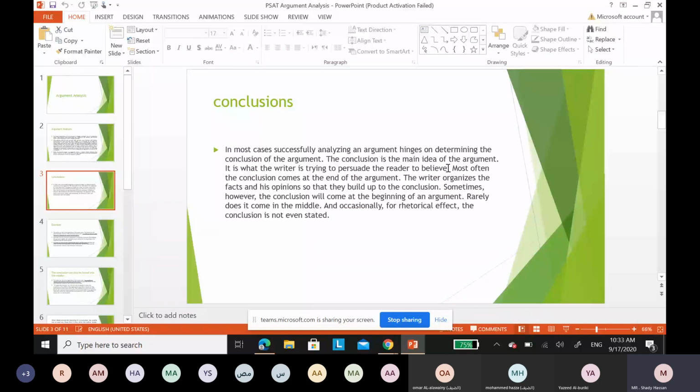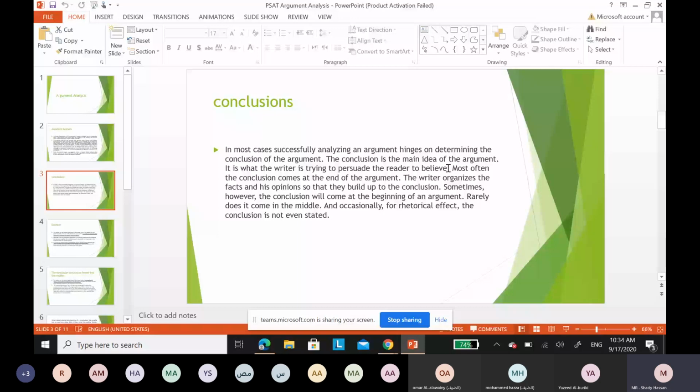Most often, the conclusion comes at the end of the argument. The writer organizes the facts and his opinion so that they build up to the conclusion. Sometimes, however, the conclusion will come at the beginning of an argument.